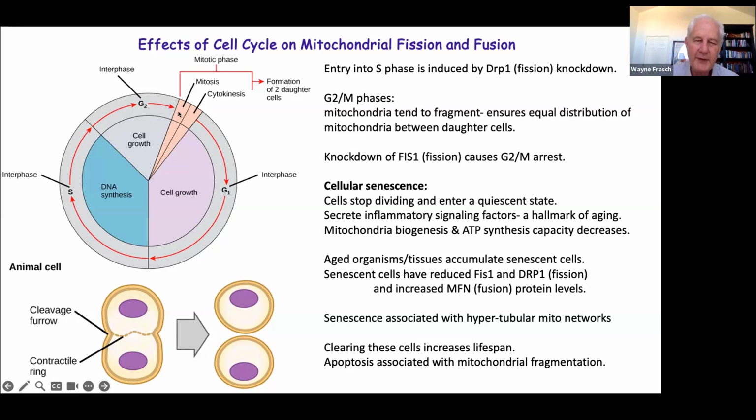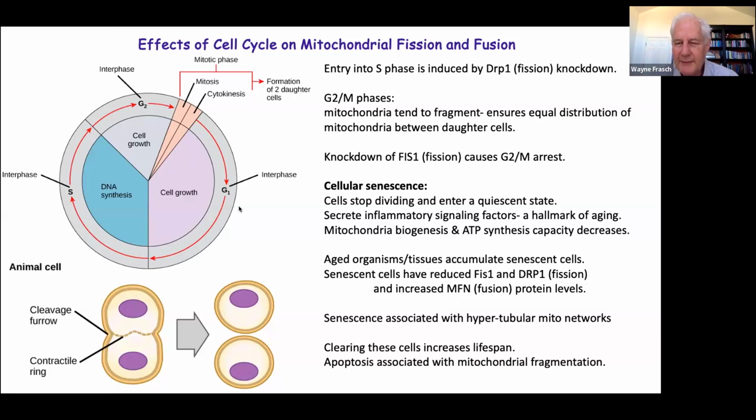Then you'll have the mitotic process, where the DNA will replicate, and ultimately the two cells will split. Then there is another period of cell growth, followed by DNA synthesis, and the cycle repeats. Well, as it turns out, the mitochondria, as I said, have to divide as well, so that there is an equal number of mitochondria that ends up in the daughter cells.